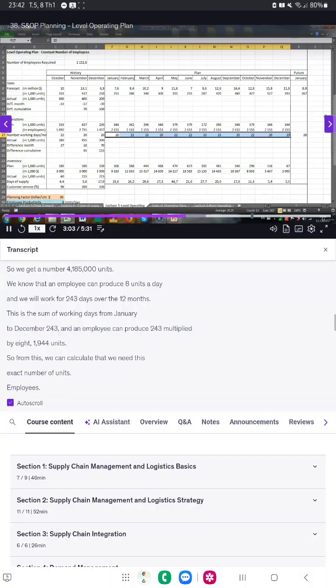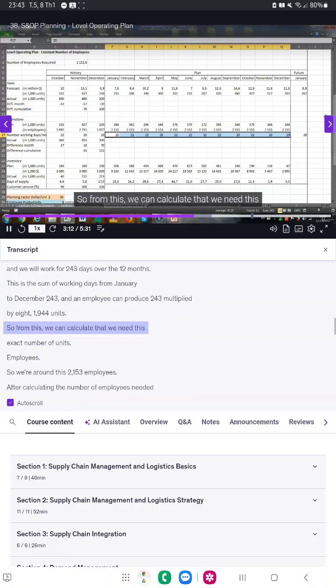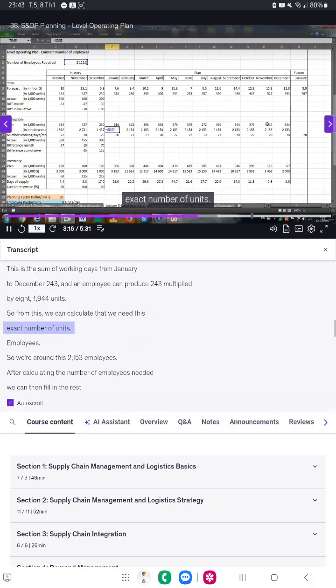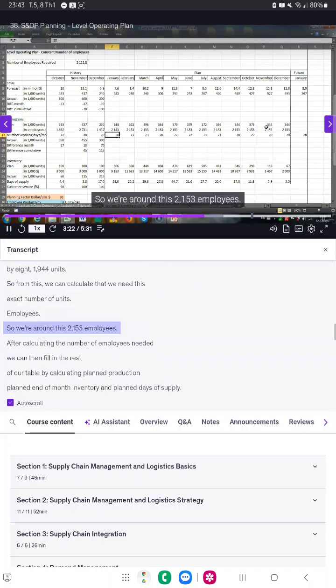And an employee can produce 243 multiplied by 8, 1,944 units. So from this we can calculate that we need this exact number of employees. So we round this to 2,153 employees.